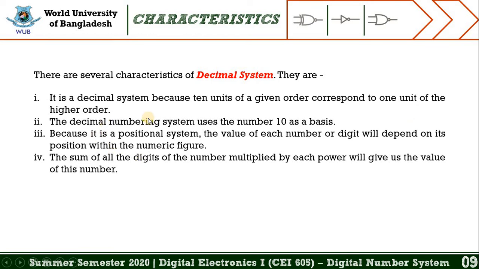Next, the decimal numbering system uses the number 10 as a base. Next, because it is a positional system, the value of each number or digit will depend on its position within the numeric figure. Last, the sum of all the digits of the number multiplied by each power will give us the value of this number. Let's move into the next slide.